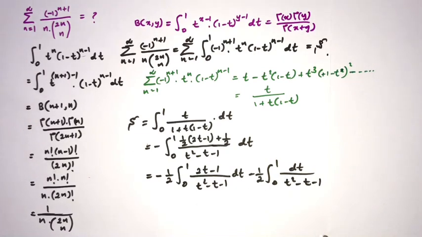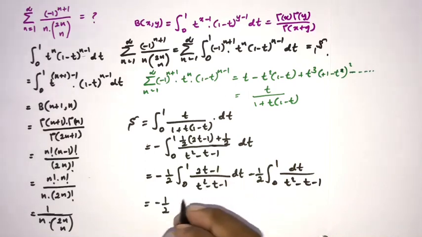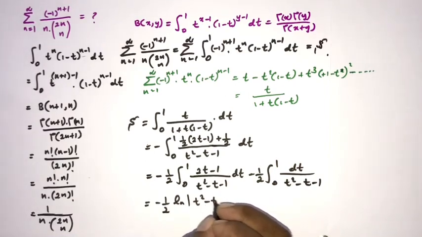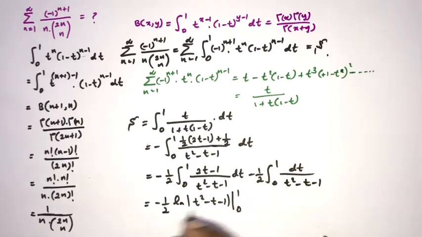Okay, then we know here minus 1 half, the derivative of the denominator is equal to 2t minus 1, so we have in the numerator natural log of t squared minus t minus 1 from 0 to 1.